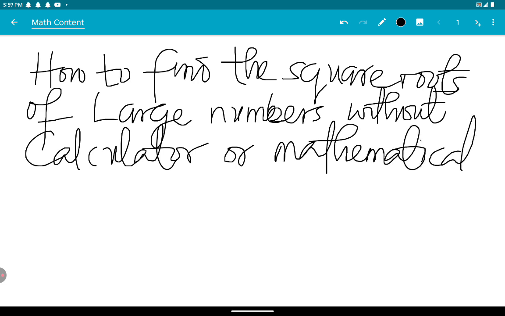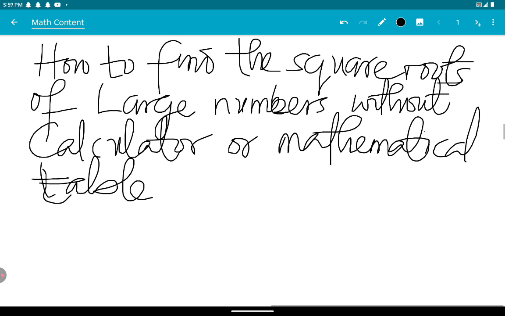Yes, it's possible. Someone may say it's not possible, but it's very, very possible, no matter how large the number is.